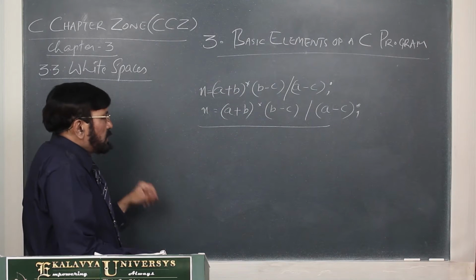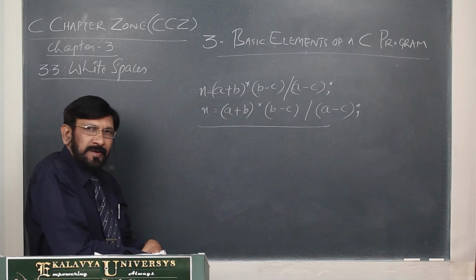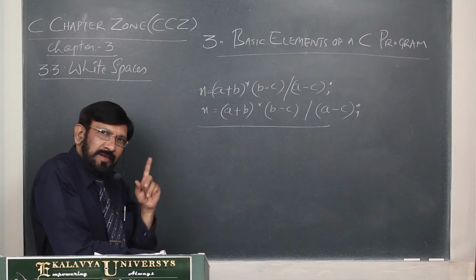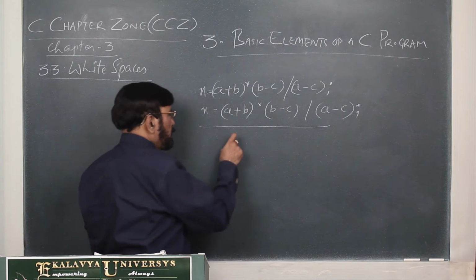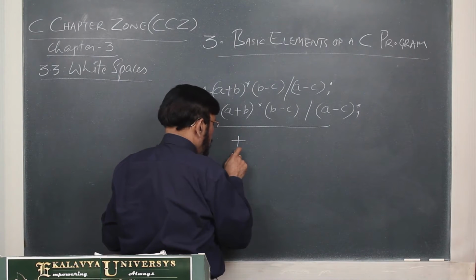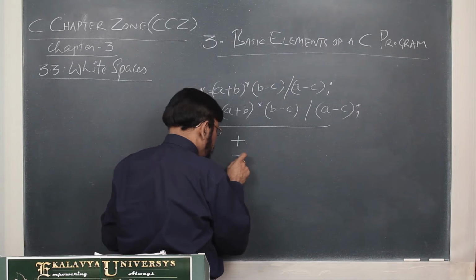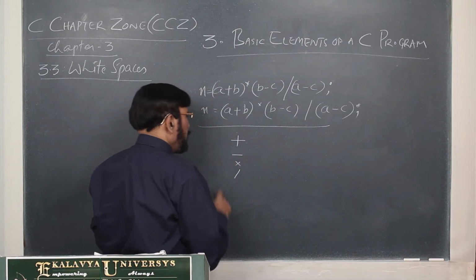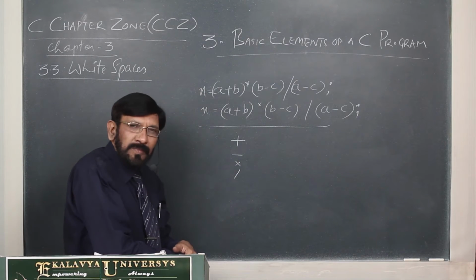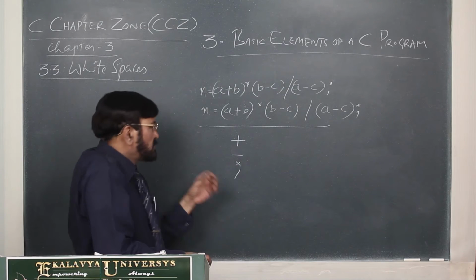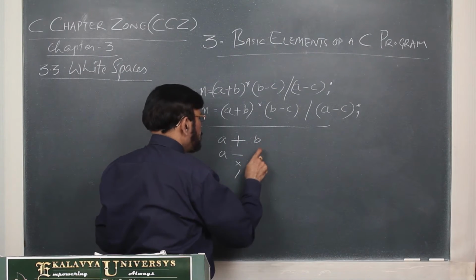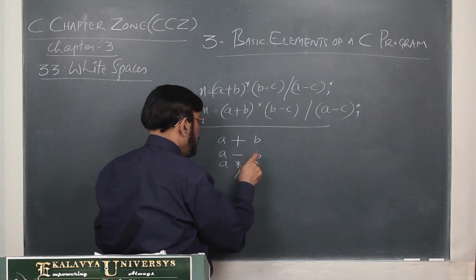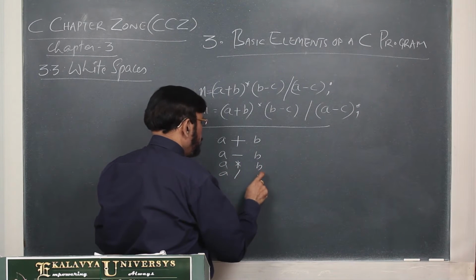First thing, whenever you use binary operators, they act upon two operands. Plus, minus, multiplication, division, all these act upon two operands. Now you see: a plus b, a minus b, a into b, a by b.